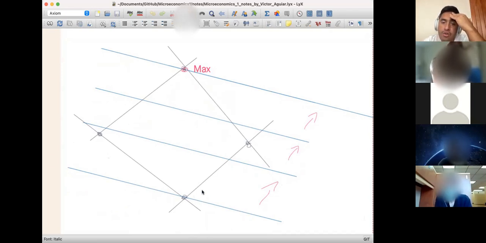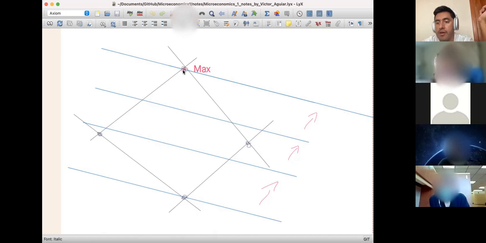So as I go through this polygon, which is the choice set, what will be the maximum point? This red dot here. Essentially what this is telling you is that, and this is a very general mathematical principle, if you maximize a linear objective function, then usually solutions are going to be in the corners. They don't need to be, but when you have a shape such as this polygon and you're maximizing a linear objective subject to that, the solution is going to be a boundary solution, happening in the extreme points.